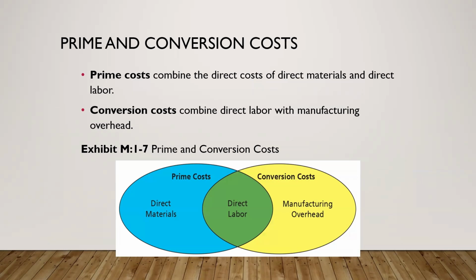And then you have the conversion costs only, which equals manufacturing overhead. And here in the middle, you see the overlap, and the overlap is direct labor.